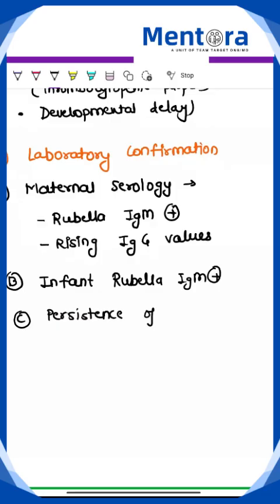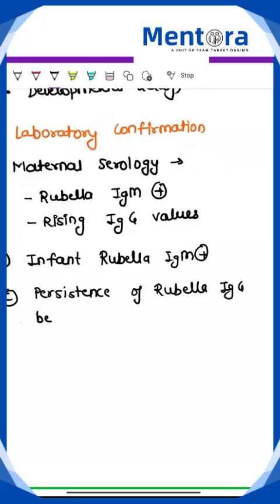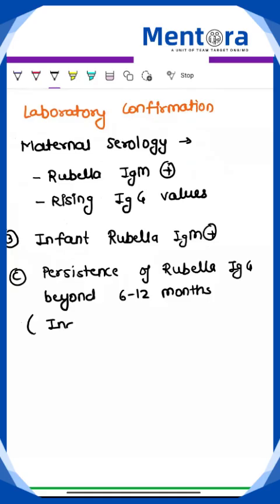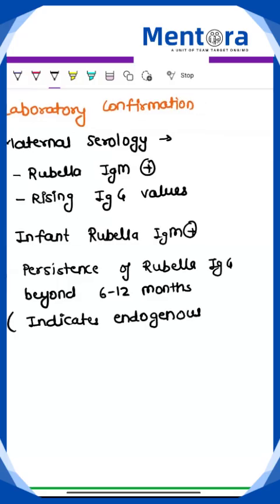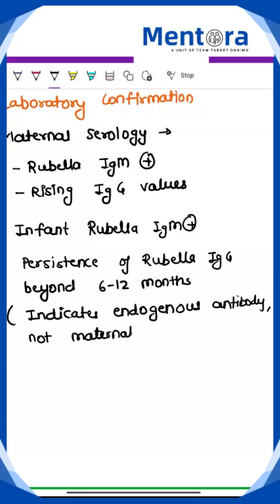Persistence of rubella IgG beyond 6 to 12 months indicates endogenous antibody and not the maternal transfer, because maternal antibody persists only till 6 months.